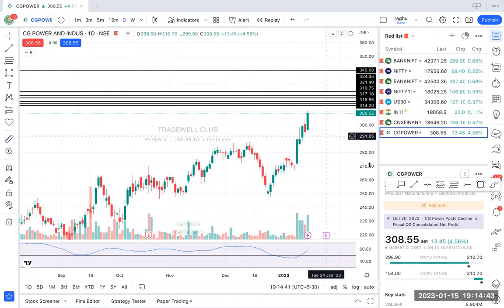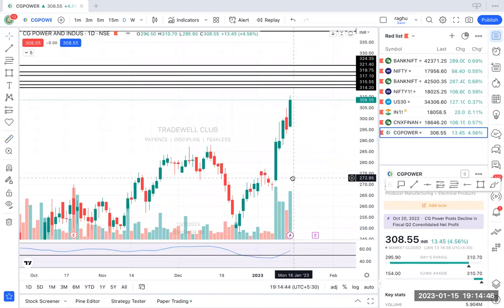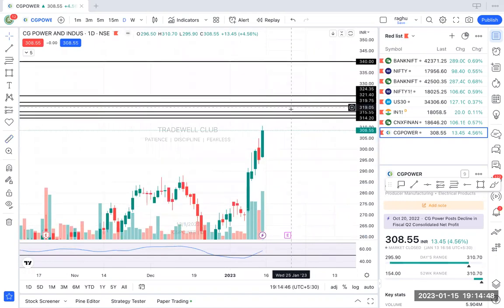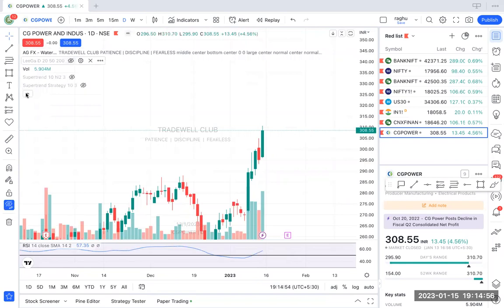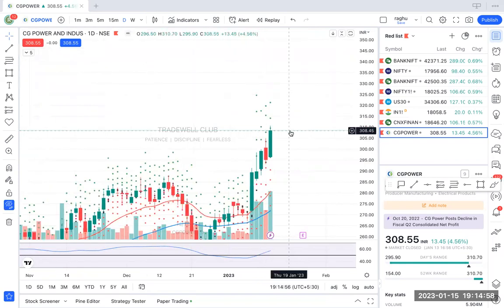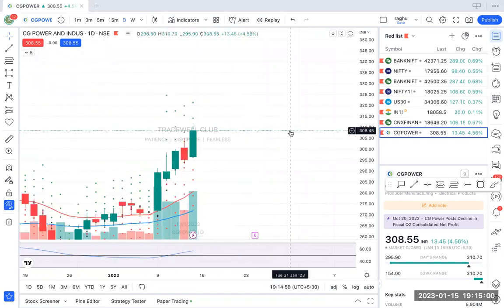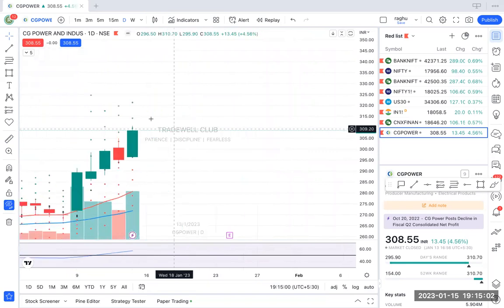Now, how did I understand these levels? This is my price action view, because this will come with experience. Let me remove these indicators and I'll show you only CPR, how to analyze the targets. Now you have this 1 day big candle and above that there are 2 dots.